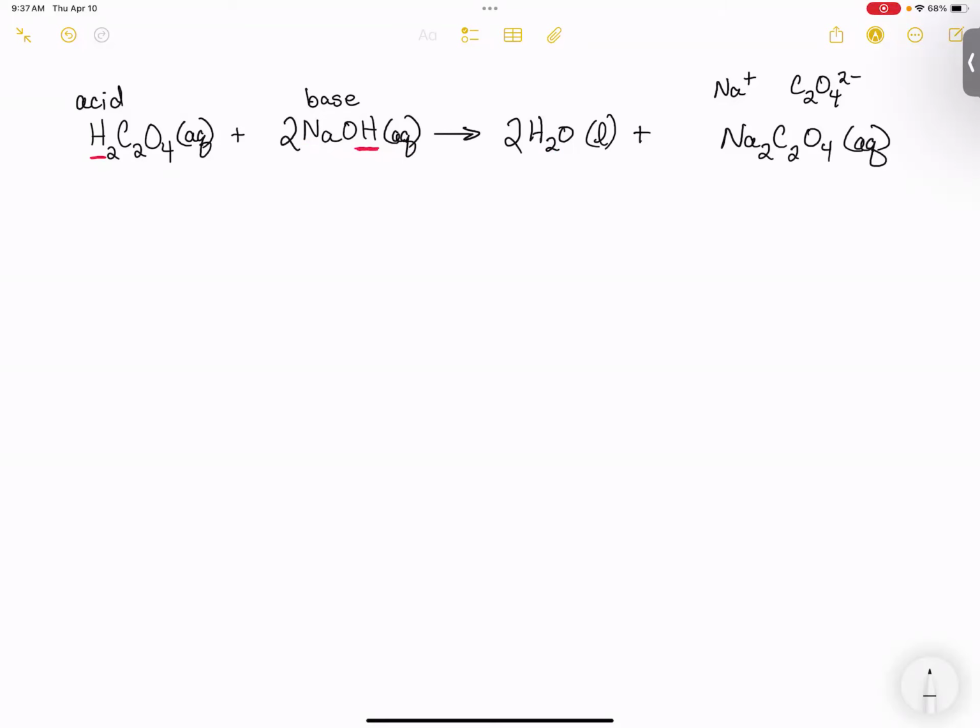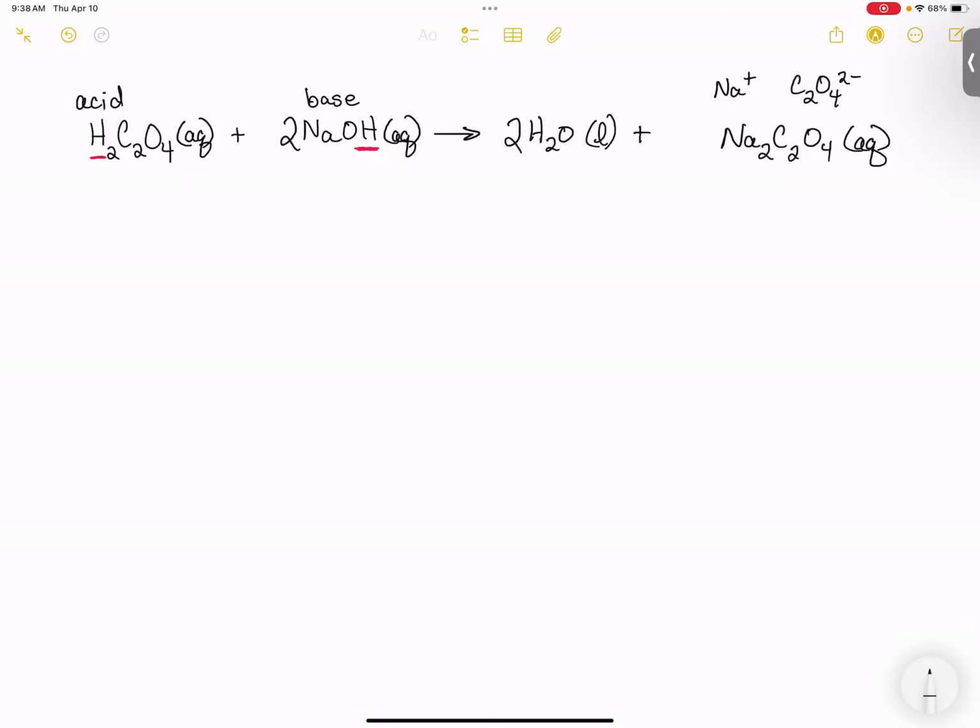Number 1, we predicted the product. We determined this was an acid-base neutralization reaction because it worked with an Arrhenius acid and Arrhenius base. And since it's an acid-base neutralization reaction, that means one of the products is water and the other product is a salt.